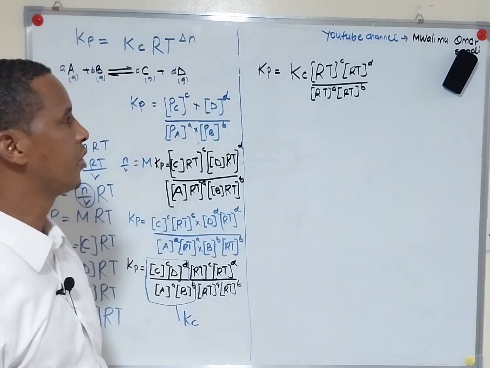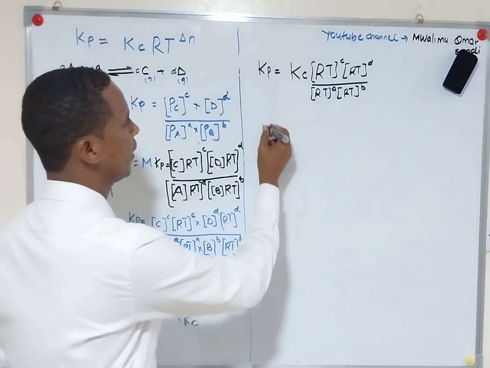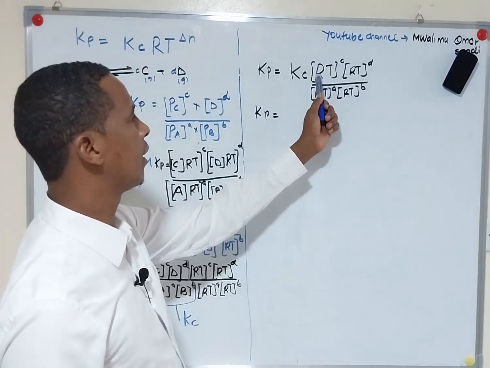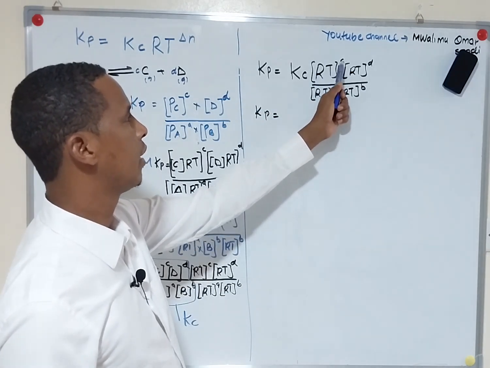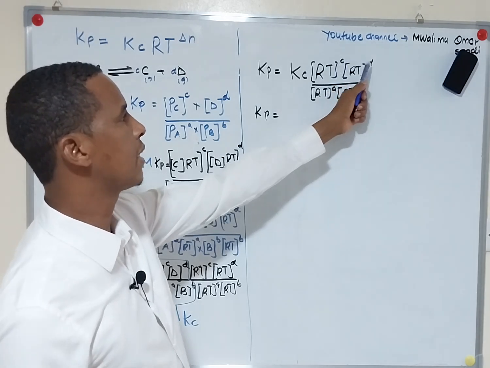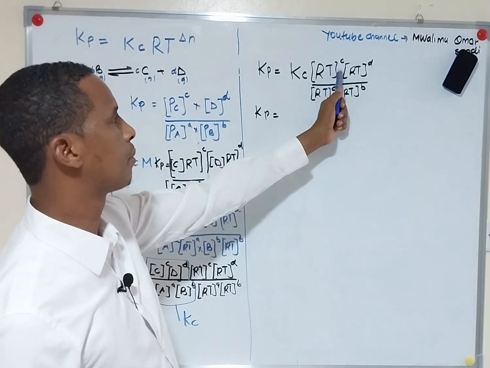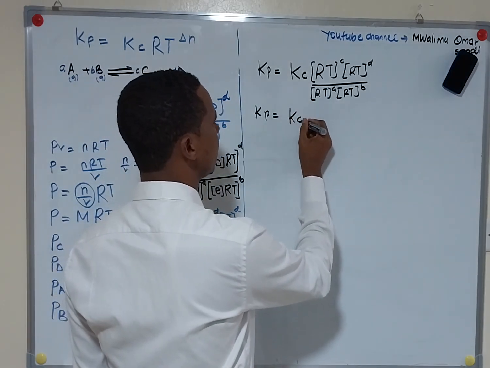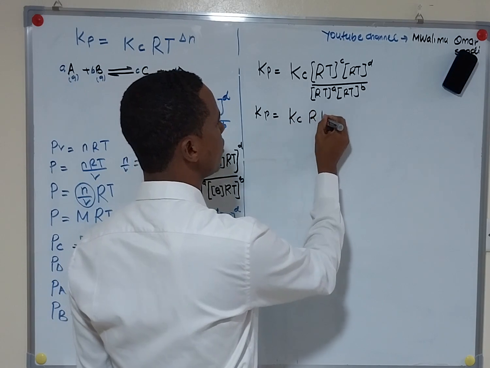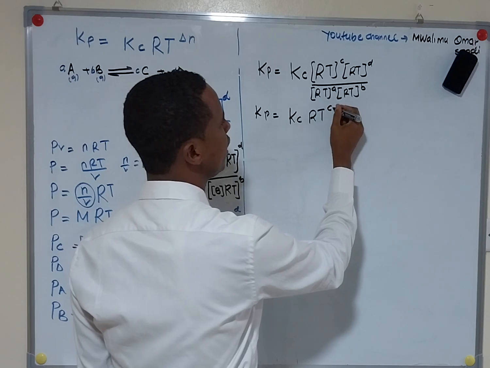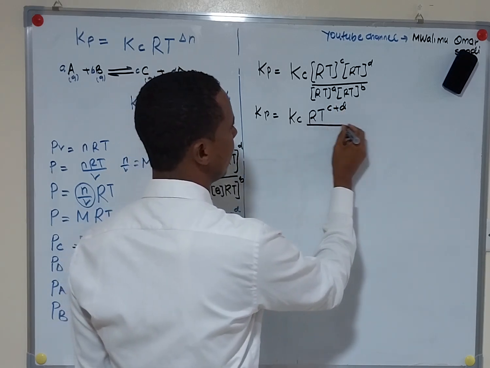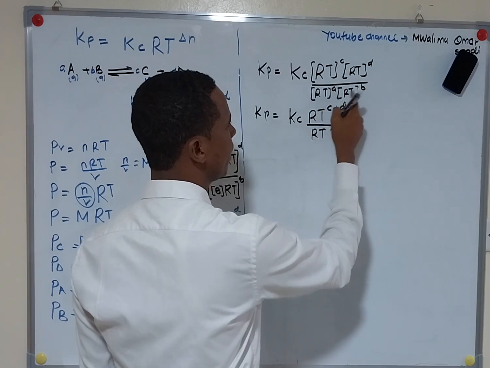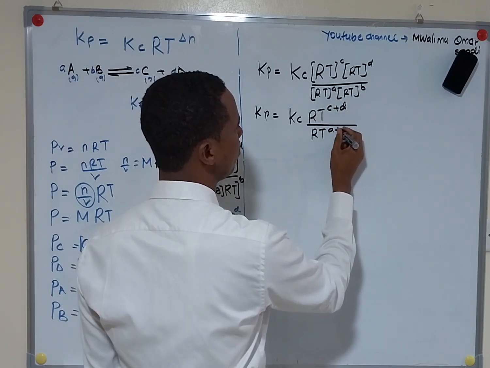I think we have to go up to that point. Okay, and from there, the base here is the same, so the indices will have c plus d if the power is the same, and here we have multiplication, so we add the powers. So Kp is equal to Kc RT, then c plus d, and this one RT, we add the two powers, a plus b.